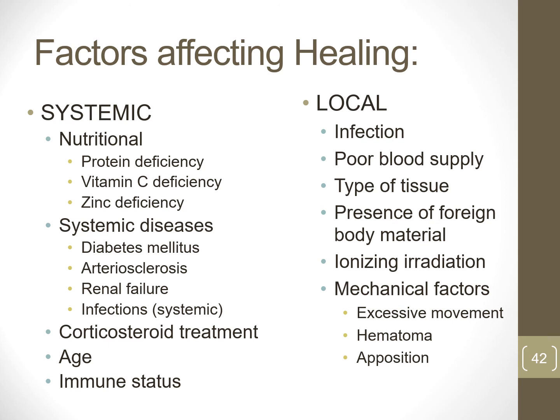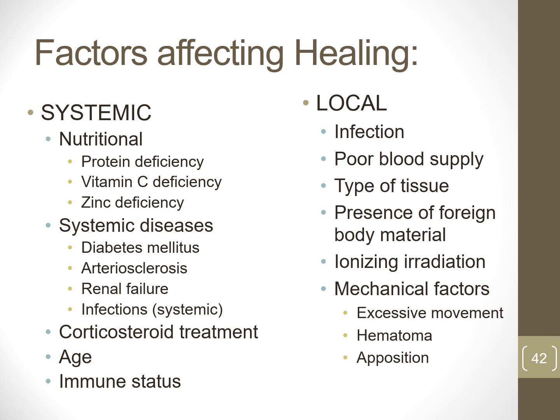Other factors that can affect healing are local factors like infection at the site of the wound, poor blood supply due to atherosclerosis in the area itself or due to some other problem, type of tissue, if the tissue is not well vascularized or does not have a strong capacity of healing, presence of foreign body material which will hinder the process of healing, ionizing radiation, and mechanical factors, including excessive movement.